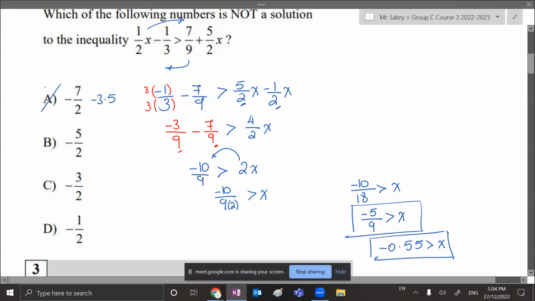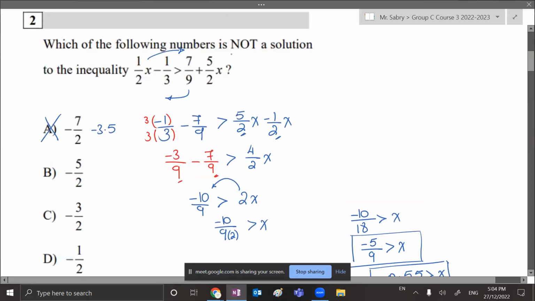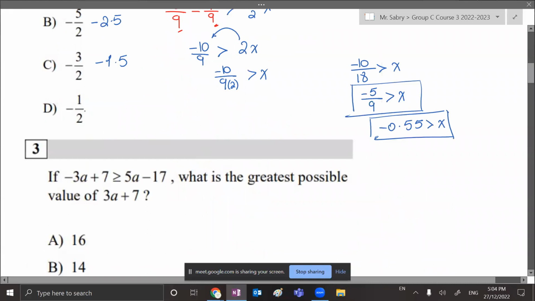So this cannot be the answer because they're asking which of the following is not a solution. Then -5 over 2, which is -2.5, -3 over 2, -1.5. All of those are less than -0.55. So the only one that's not must be D because this is just 0.5 and 0.5 is bigger than -0.55.